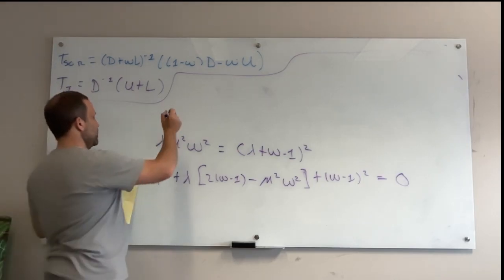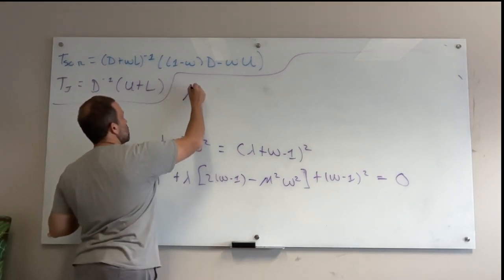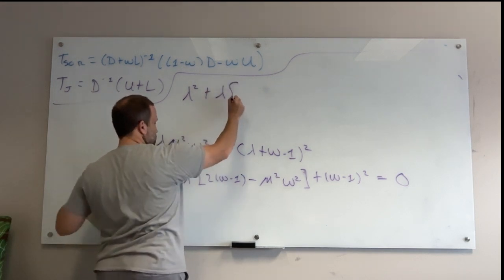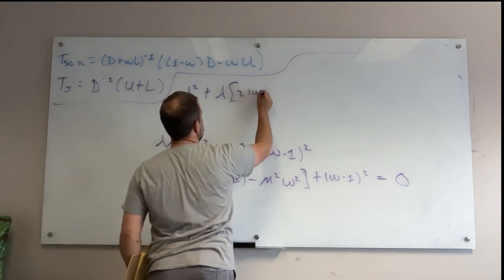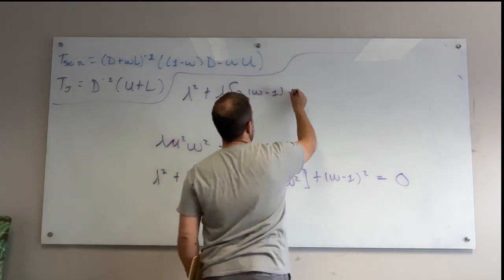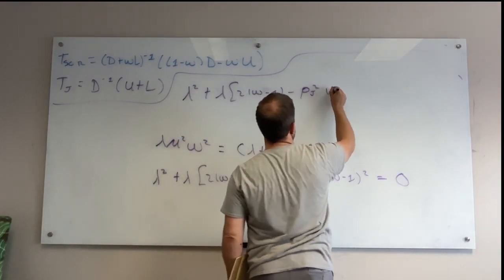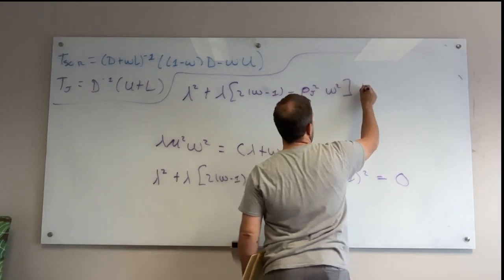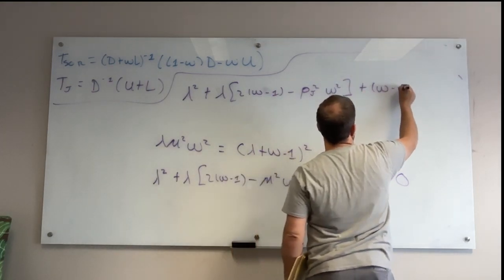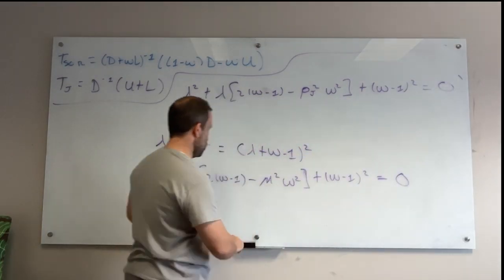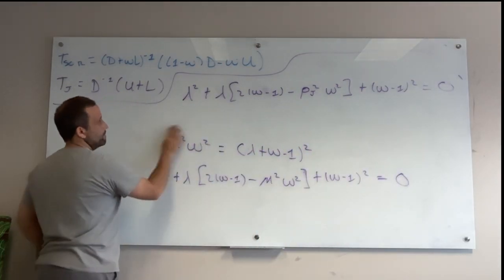So what it gives me is an equation like this: lambda squared plus lambda times 2 omega minus 1 minus rho j squared omega squared plus omega minus 1 squared is equal to 0.